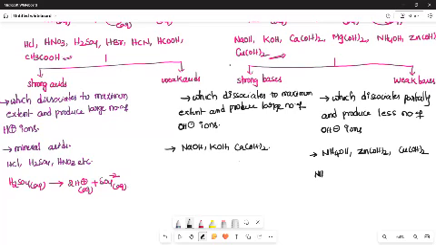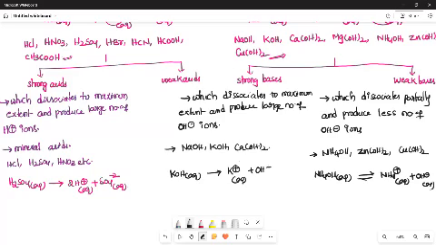Here the dissociation of NH4OH aqueous will exist in equilibrium: NH4 plus aqueous plus OH minus aqueous. Whereas in the case of strong bases like KOH, there will not be any equilibrium. KOH gives K plus aqueous plus OH minus aqueous.